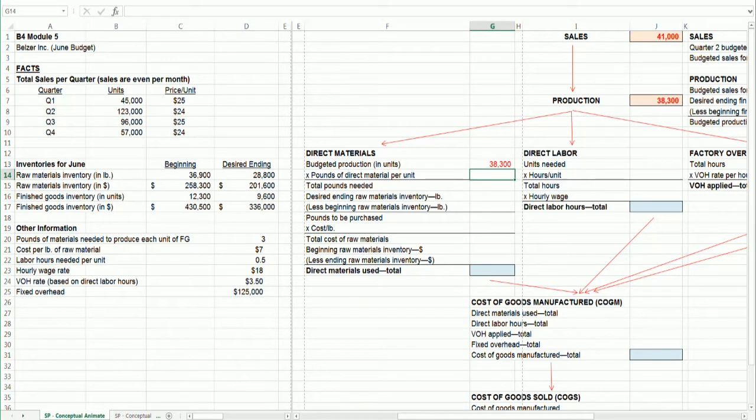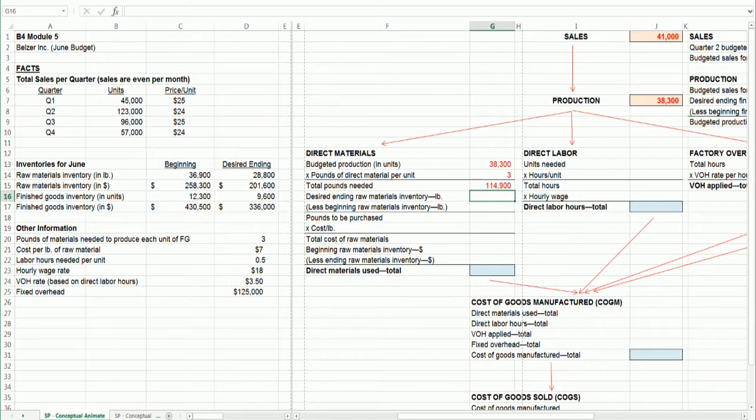If that's what I need to produce in finished goods, how many pounds of raw material do I need? Well, it tells me over here that I need 3 pounds of raw material for each finished good. So I'll just multiply that by 3. It gives me 114,900 pounds of necessary direct materials.